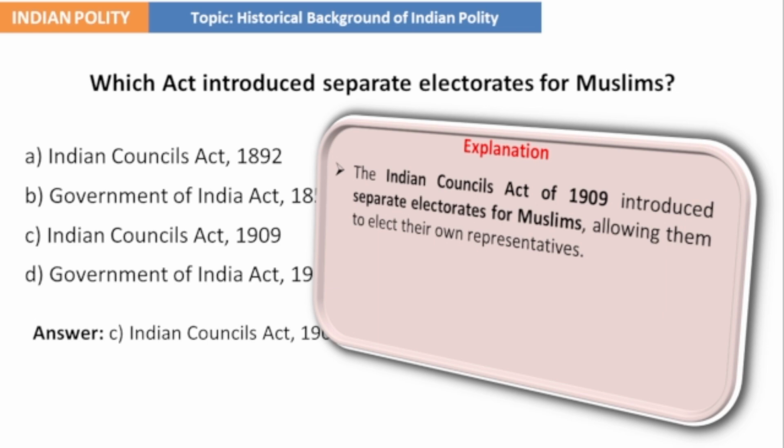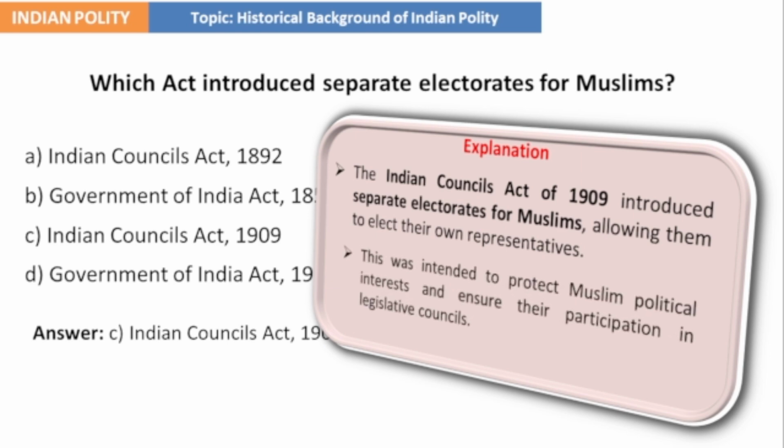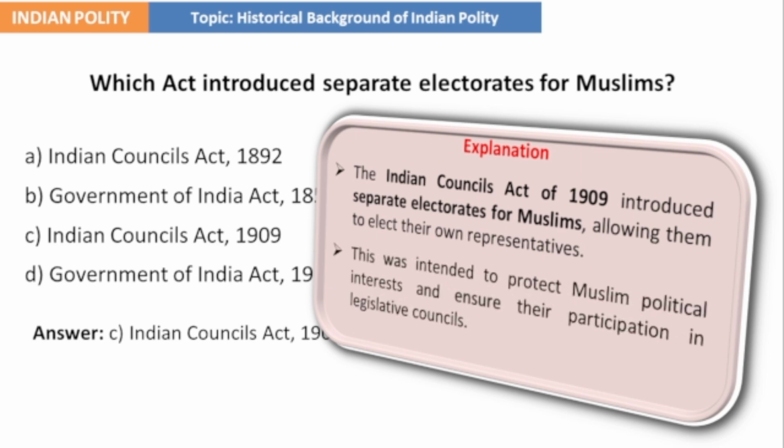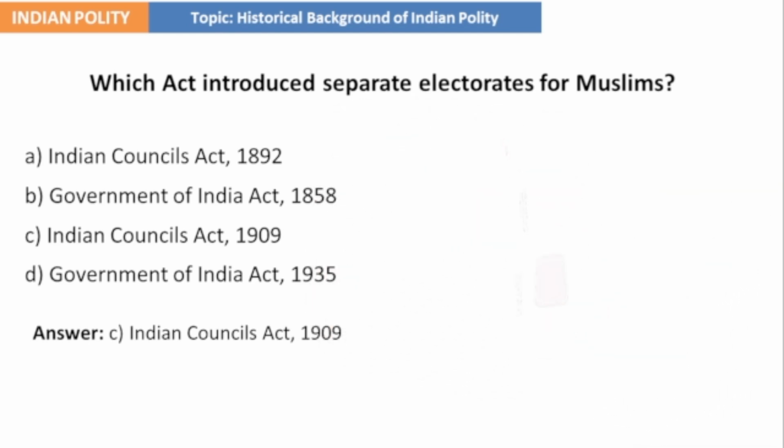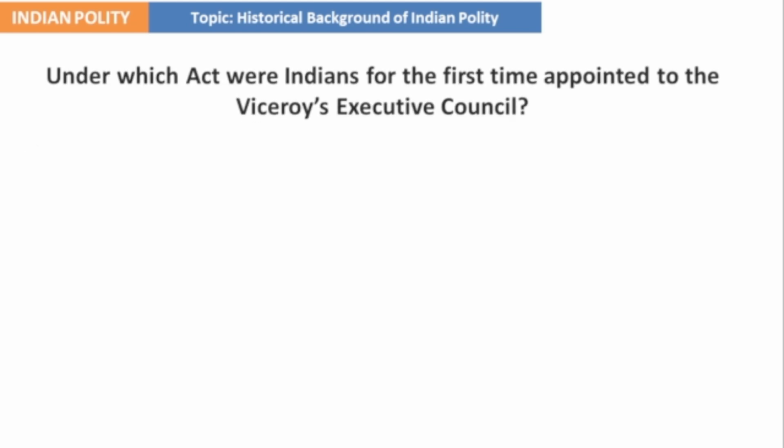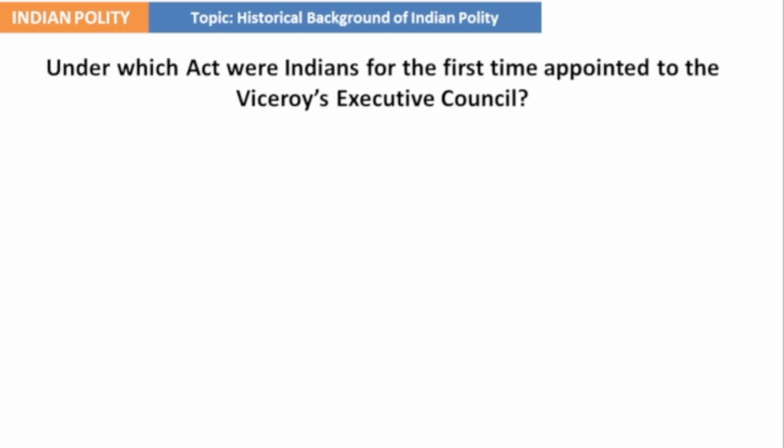The Indian Councils Act of 1909 introduced separate electorates for Muslims, allowing them to elect their own representatives. This was intended to protect Muslim political interests and ensure their participation in legislative council. Under which act were Indians for the first time appointed to the Viceroy's Executive Council?